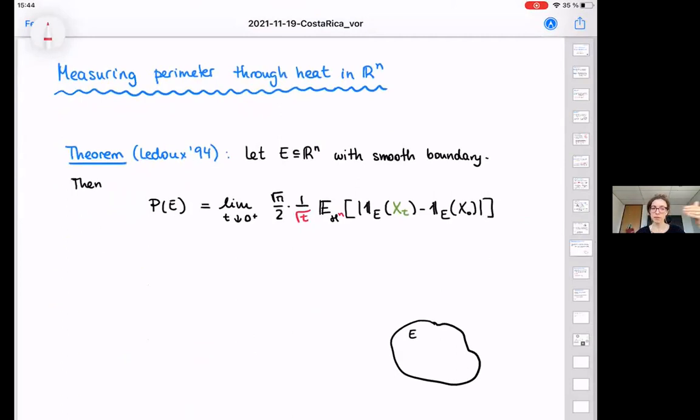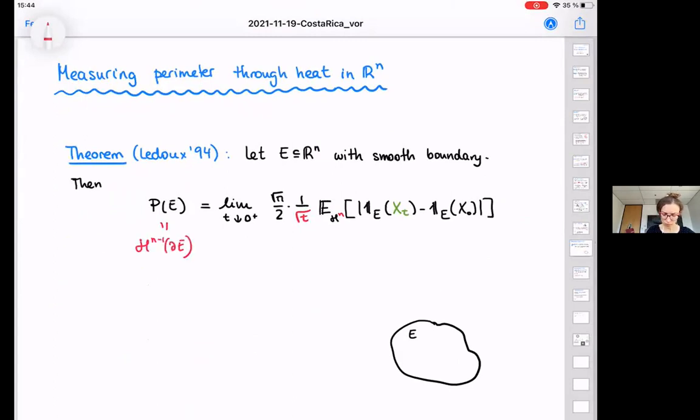We got this idea from a result by Ledoux, a French mathematician, in '94, who looked at this problem: how you can define the perimeter of a set in R^n, somewhere where you already know what it is. So we know already that this perimeter is the Hausdorff n-1 measure of the boundary.